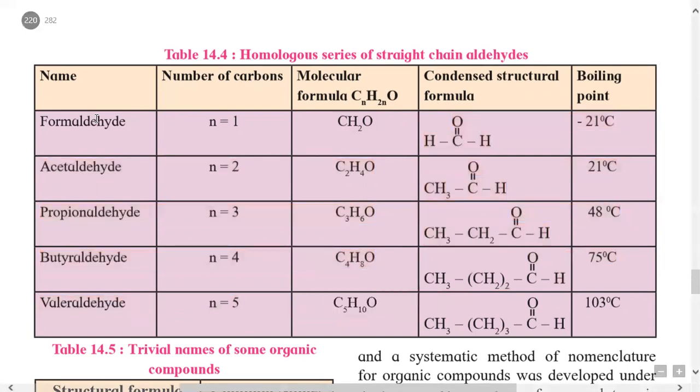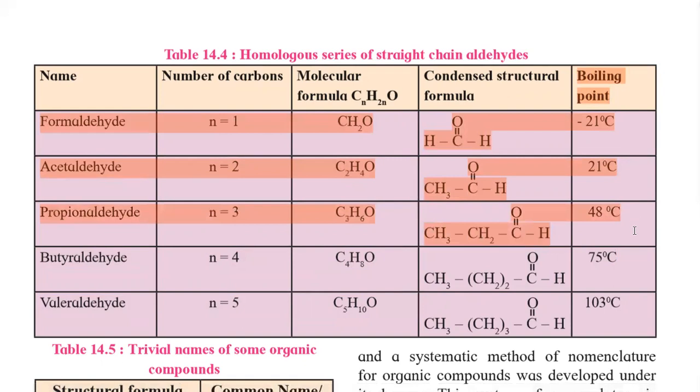Now, in the characteristics of this homologous series, we studied the gradual change in boiling point, melting point, density, and solubility. Here the example given is boiling point. See these boiling points: the 1 carbon aldehyde is minus 21, 2 carbon is 21 degrees Celsius, 3 carbon is 48, 4 carbon is 75, and 5 carbon is 103 degrees Celsius.